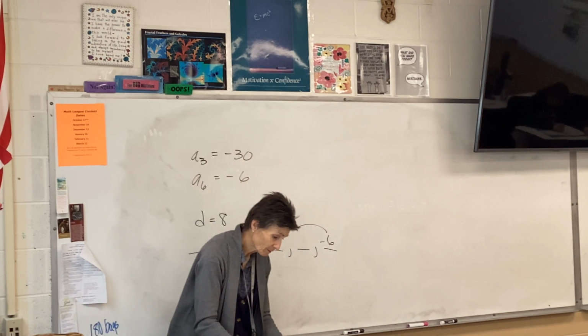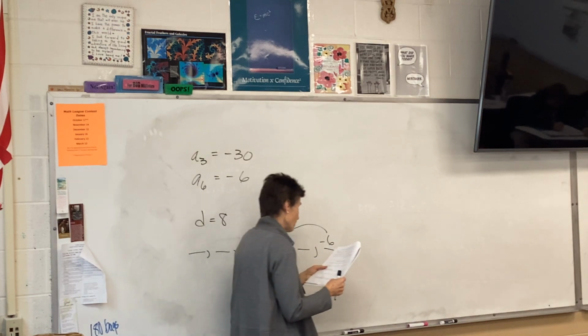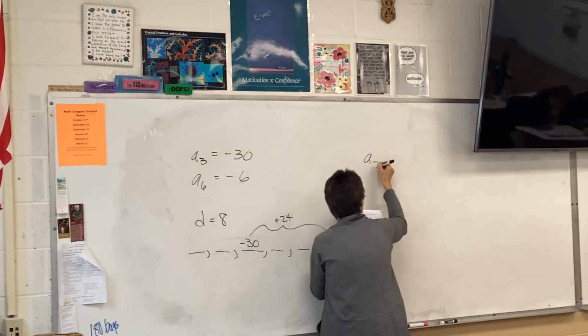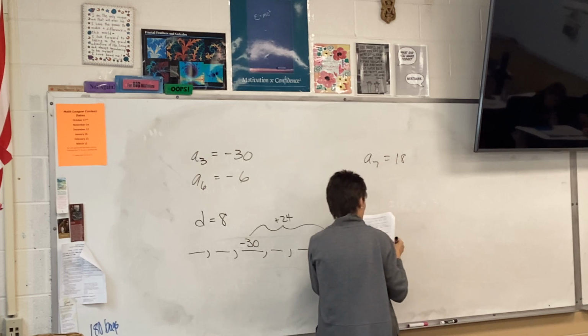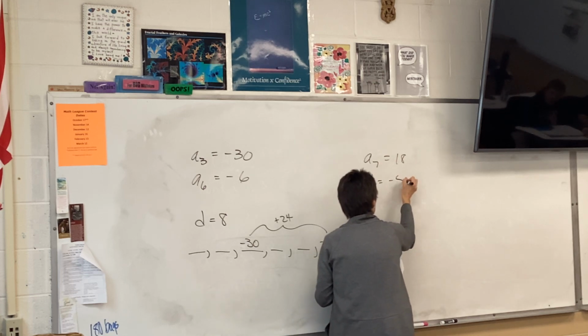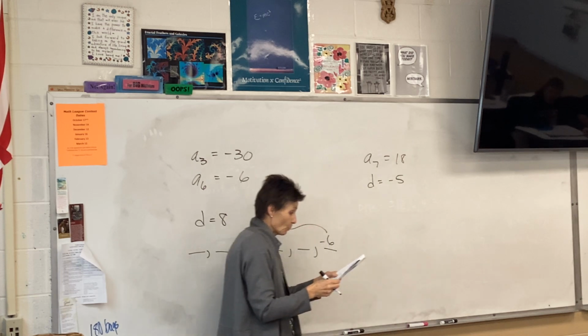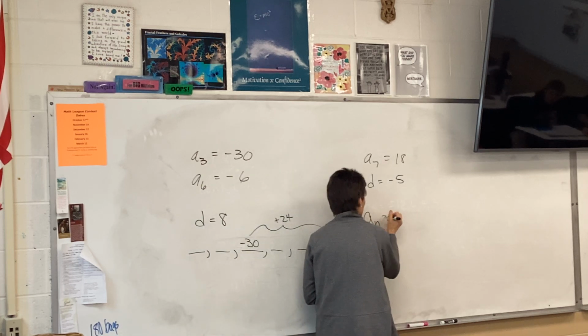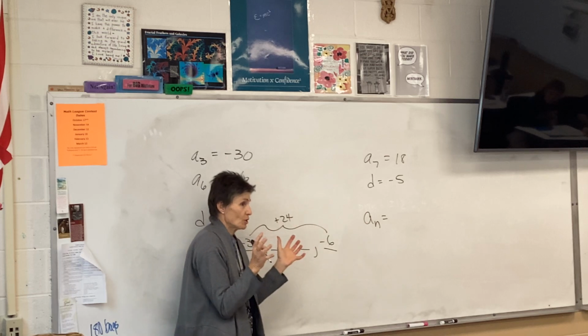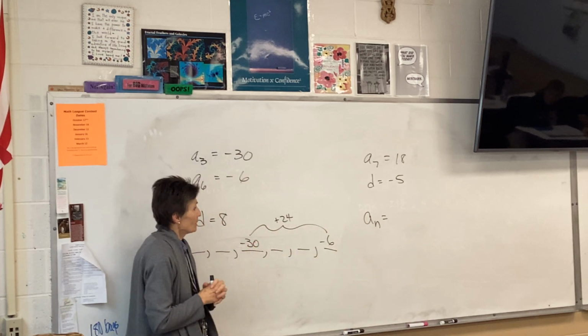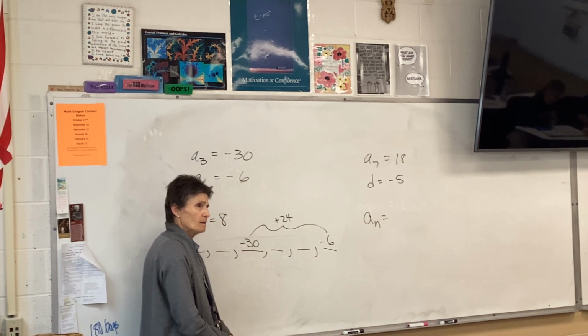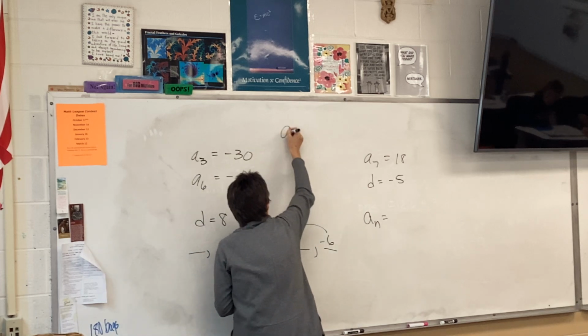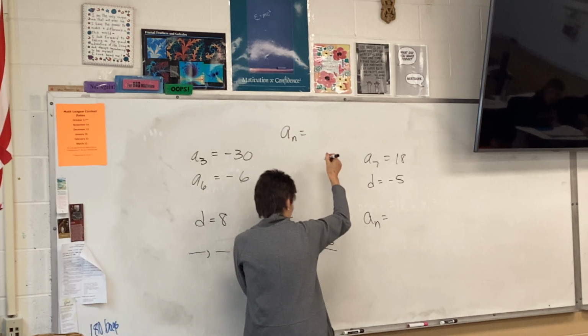Okay. The 7th term of an arithmetic sequence is 18, and the common difference is negative 5. Write a rule for the nth term, so a sub n. The rule is like the equation, the formula, okay? What is the general rule for an arithmetic sequence?